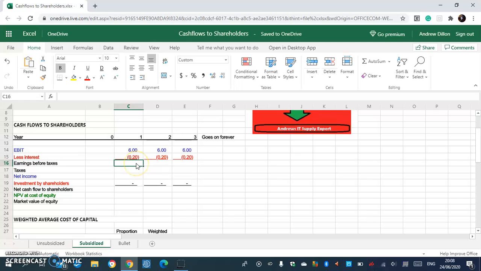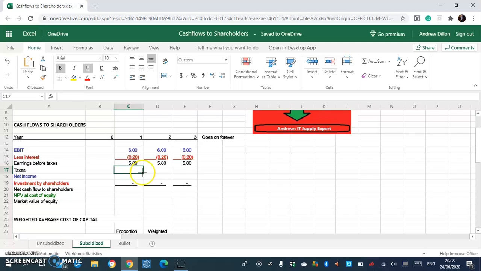So let's go on and calculate earnings before taxes. Simply EBIT plus less interest. Since there's brackets there, we'll turn the opposite, or minus it instead. It's 5.80.